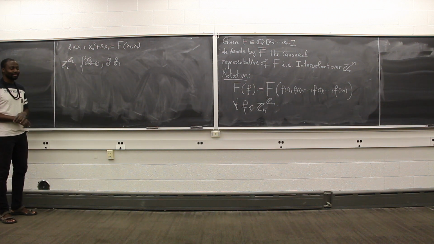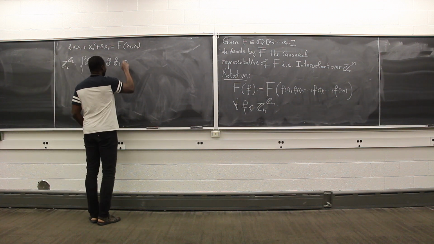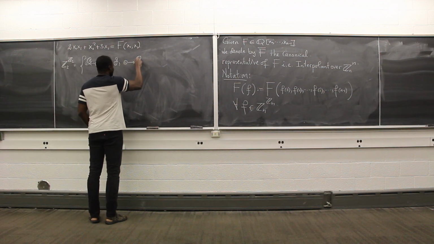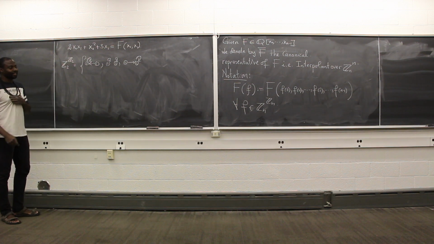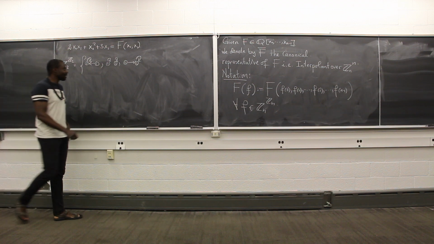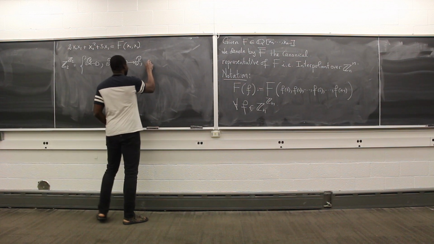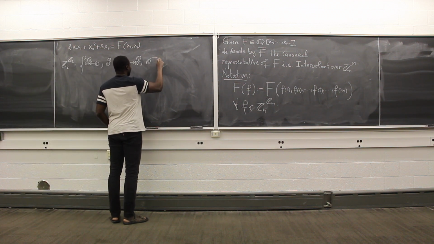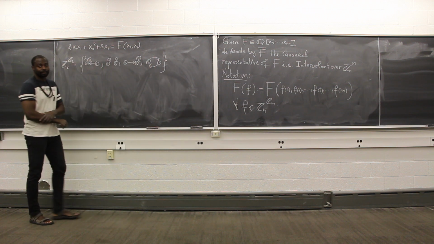Am I missing some? 0 could go to 1 and 1 could go to itself. Okay, so 0 goes to 1. Is that the one you meant? Yeah. Okay, great. Am I done? Do I have them all? We still have one left. There should be 2 to the 2 of them. Which one am I missing? Yeah, exactly. We're missing the transposition. So 0 goes to 1 and 1 goes to 0. So these are the graphs of the functions.